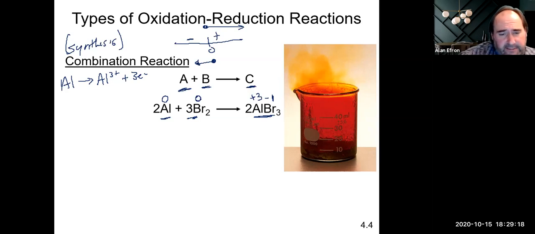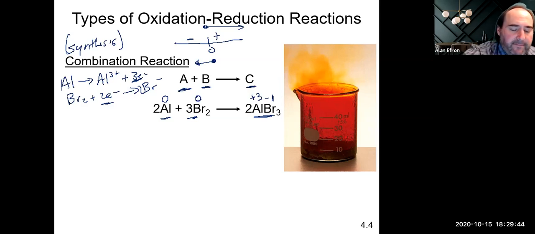And again, what's happening in this case is it's gaining some electrons and ending up as Br- in this particular case. So gaining electrons, losing electrons, we would need to balance both of these by multiplying the top one by 2, bottom one by 3 to get the same number of electrons, and we would end up here.